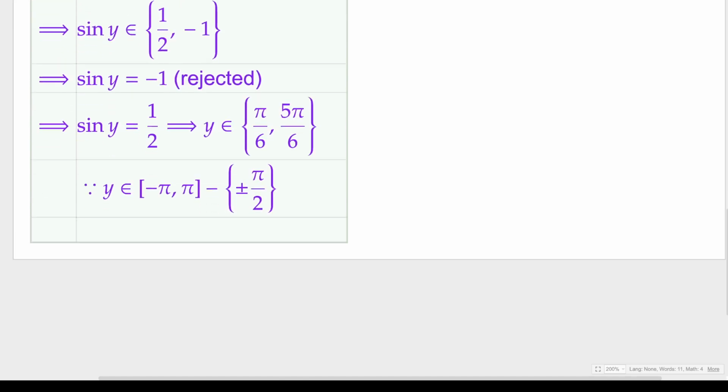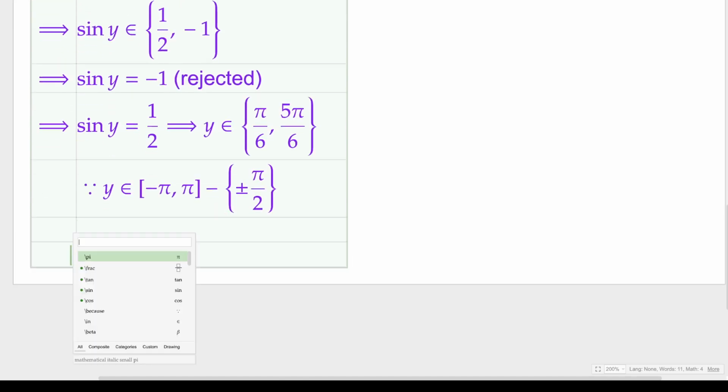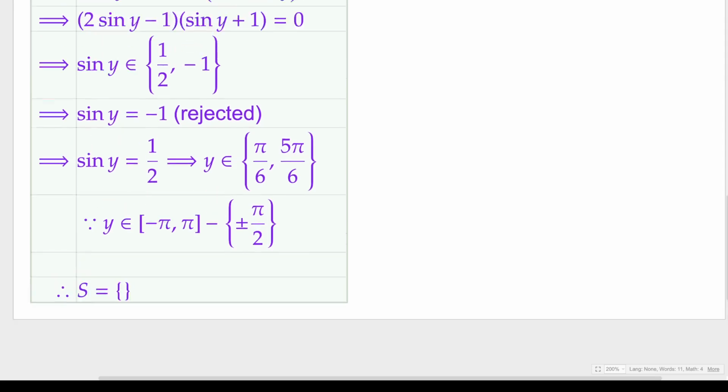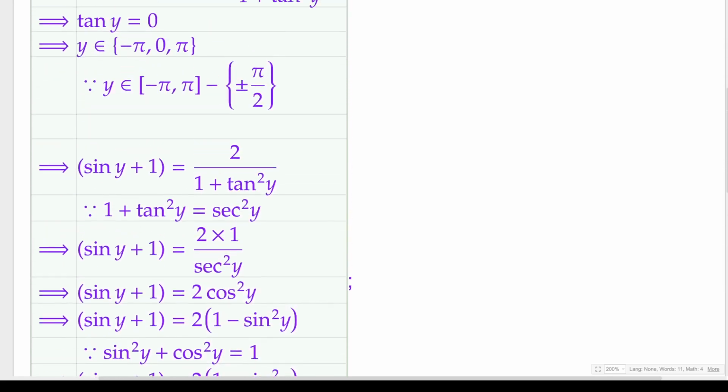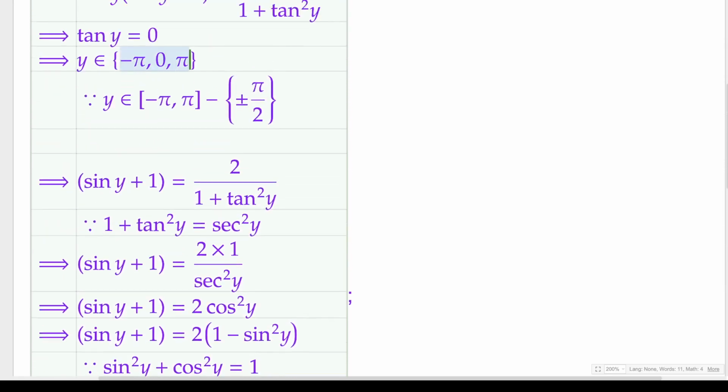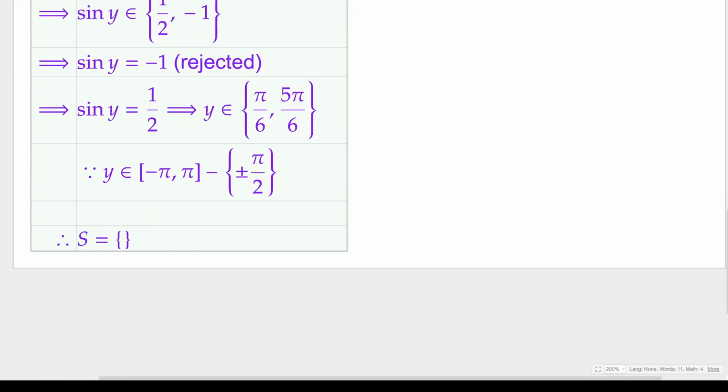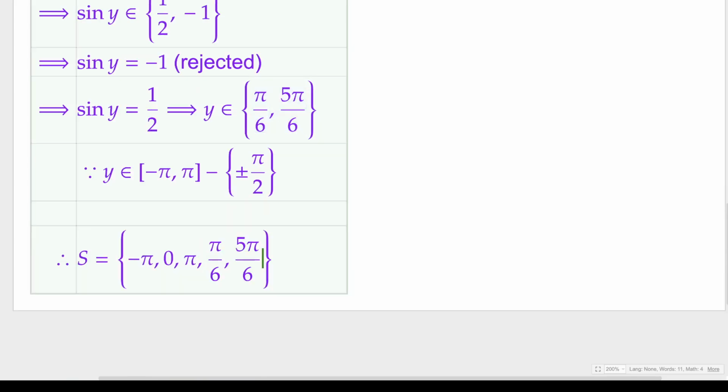So finally, therefore S belongs to these elements. Initially we got these as the acceptable elements for S, and then the other ones are these two. So from this, definitely the number of elements present in set S is equal to 5.